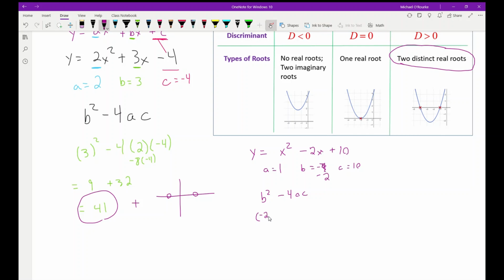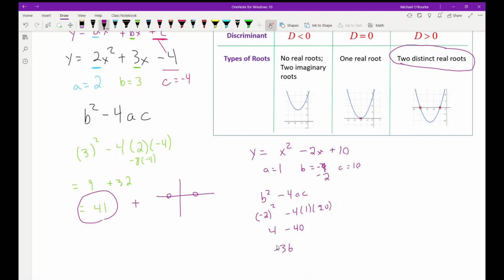Make sure you put the bracket in there. Minus 4 bracket 1 bracket 10. So that's going to equal 4 minus 40, which equals negative 36.